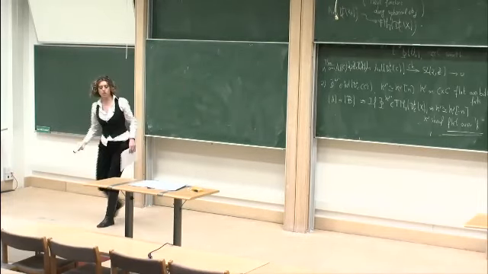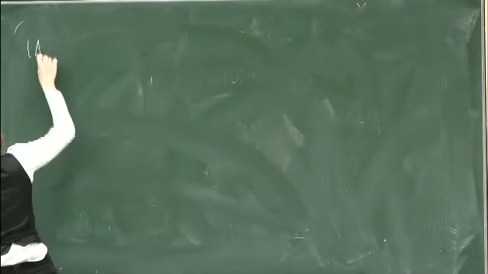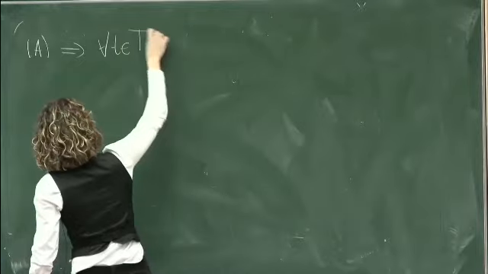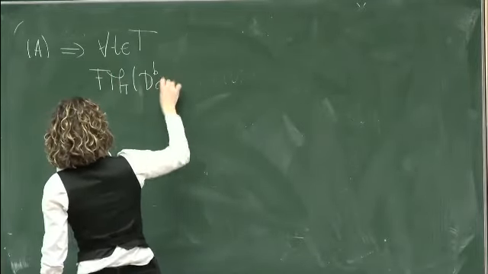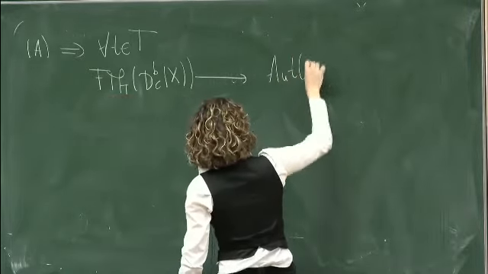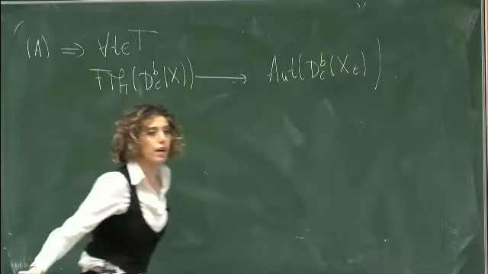This is important because now, thanks to the result A again, one has for any T a morphism like that, a restriction morphism, from this one to the auto-equivalences of the bounded derived category of the fiber.